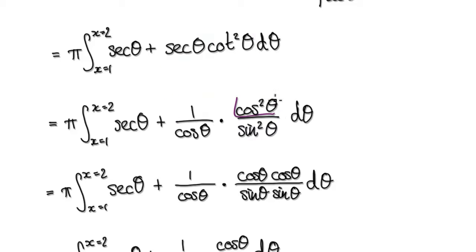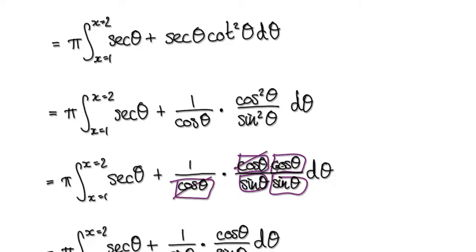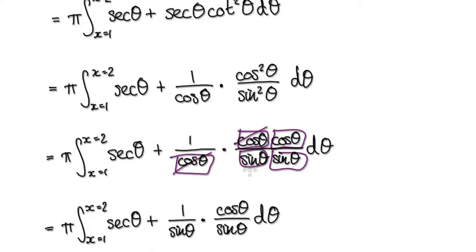Let's visualize this as one block multiplying with another block. This thing here is really sine times sine. Well, you've got a block over here, so this will cancel out this. But then I'm going to move this block over to here.